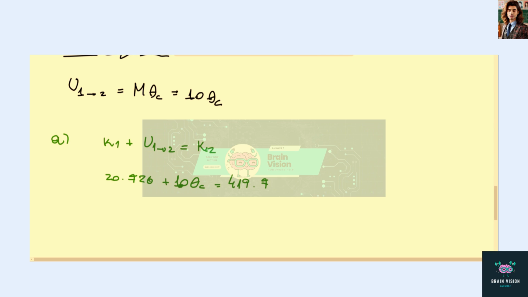That gives us a value, let's put here, of theta C equals 39.898 radians.